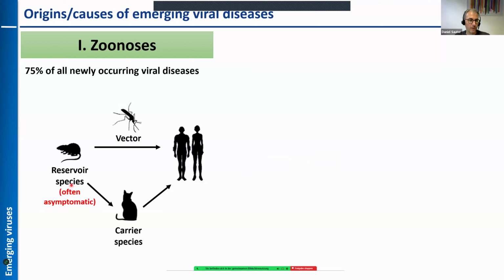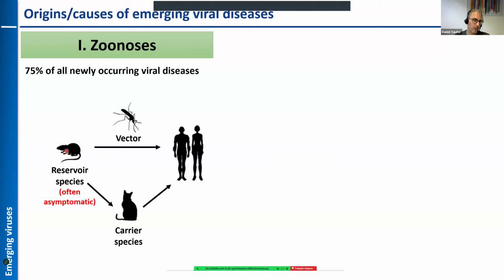The animal species where the virus naturally replicates, so the natural host of an animal virus, is often referred to as the reservoir species. It could be a rodent, but it could also be any other species, a primate, for example, as we have seen for the herpes B virus.